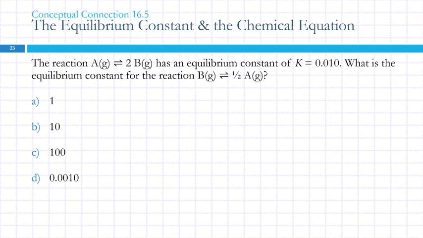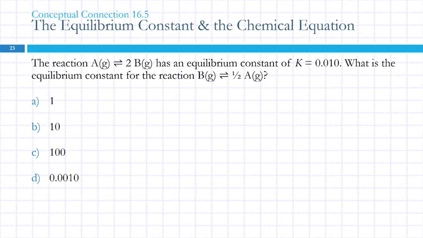Another conceptual problem. Again, reaction of A going to 2B. The equilibrium constant is 0.010. What is the equilibrium constant for the reaction B going to 1/2 of A? What we want to figure out here is how this was manipulated to give us that. What's the first thing you noticed? It's reversed.